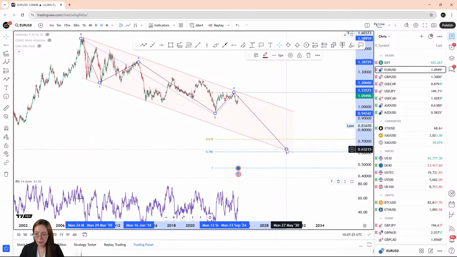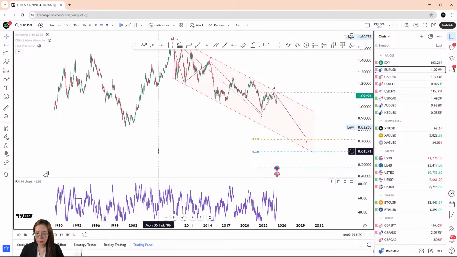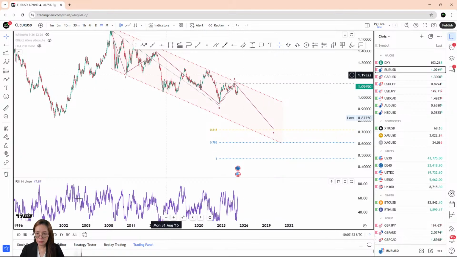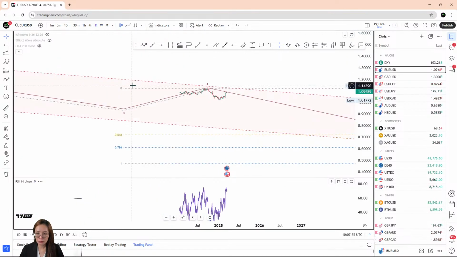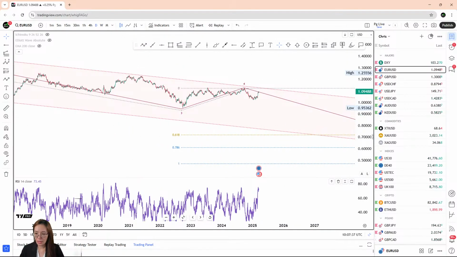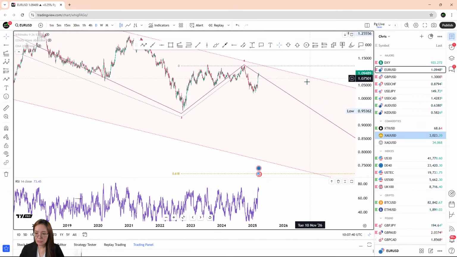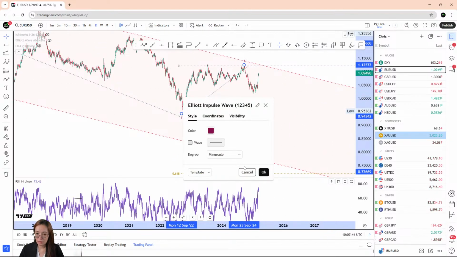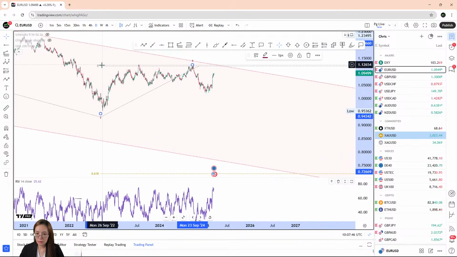Could be here at 78.6% or 100%, or here, which is on our left. We don't see anything. Still within the bearish channel. I go to the daily time frame. Okay, now the daily time frame, let me remove this. Okay.